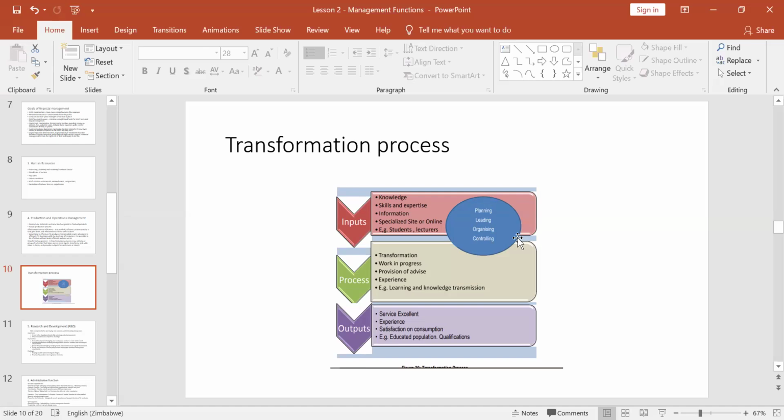It's easier to explain in production, but it applies in every aspect of the business. And as you are doing that, you can see from my illustration, there is planning, leading, organizing, and controlling going on throughout that transformation process.